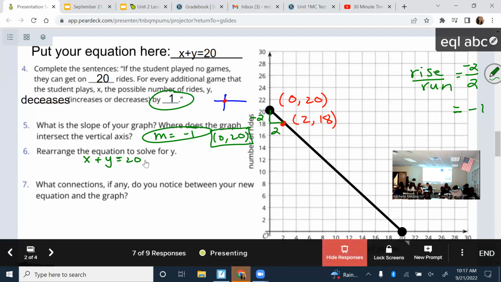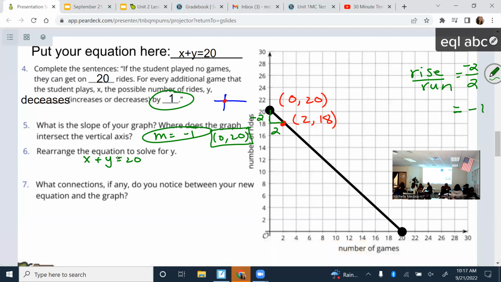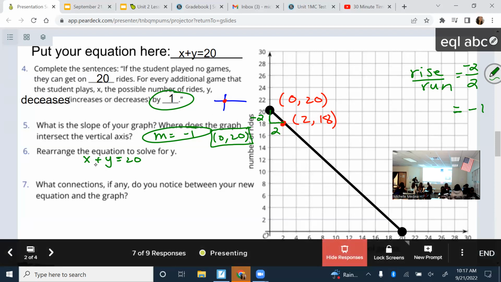When I say solve for y, I want the y to be by itself. So how can I get rid of the x that is next to it? How can I make x 0? Subtract x. What you do on one side, do to the other side. So then I get y equals 20 minus x.